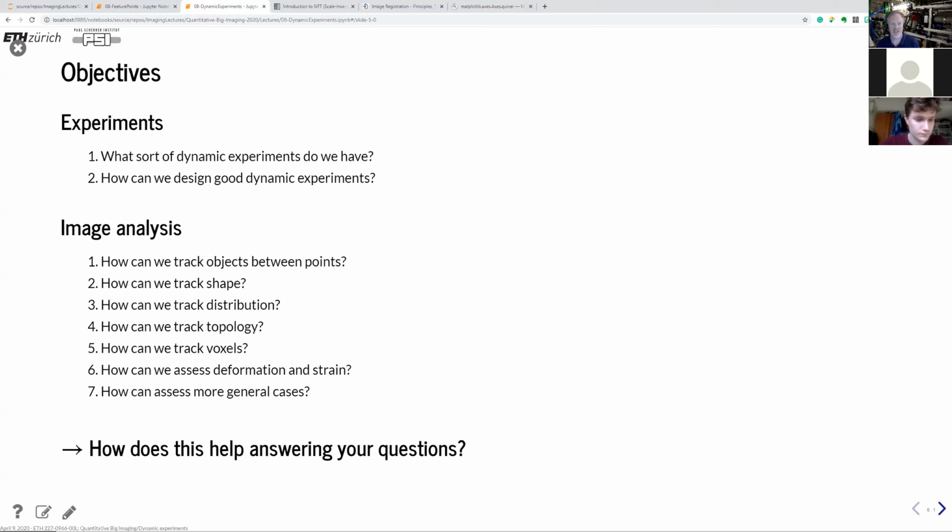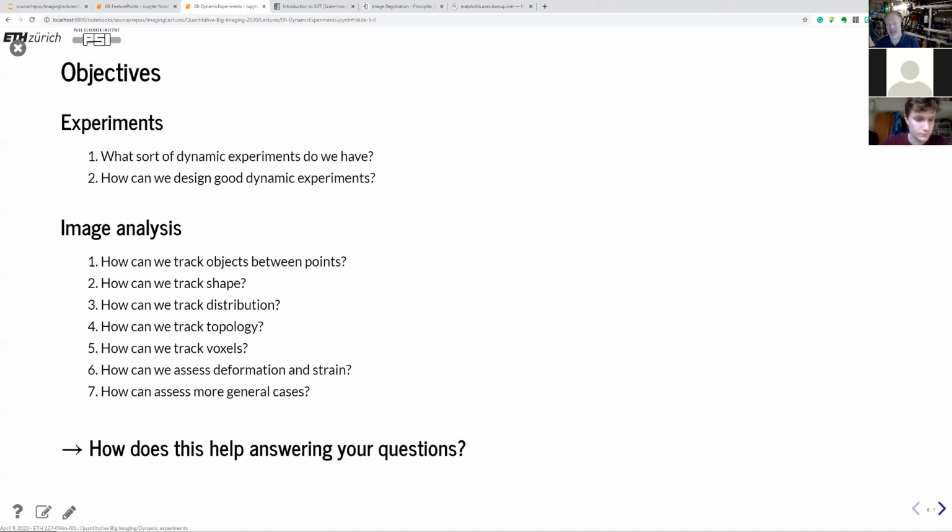And then afterwards, in the image analysis, what is it we want to analyze? Not just strolling around in the forest of methods, but really having a good plan. What is it I need to answer the questions about the samples I want to have?